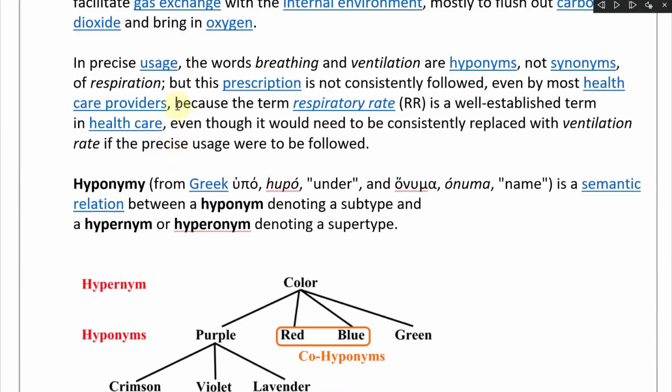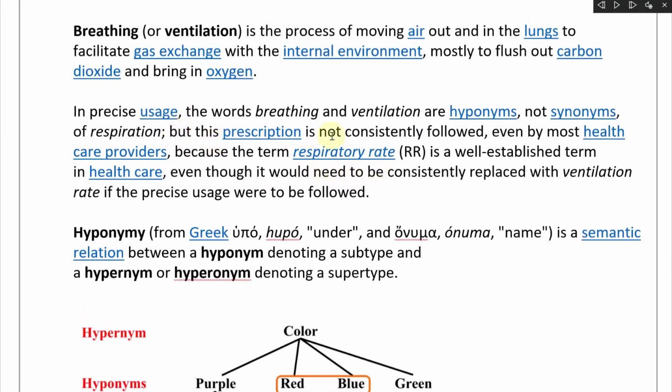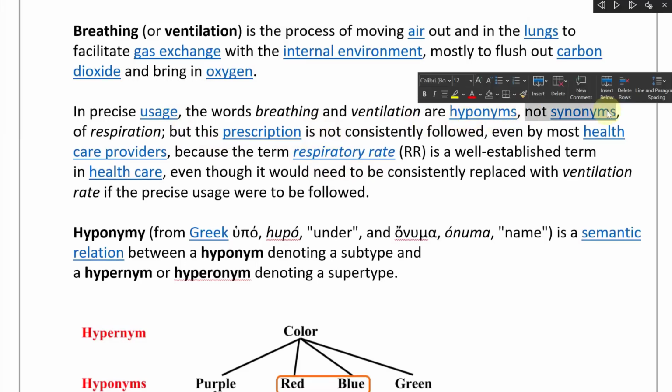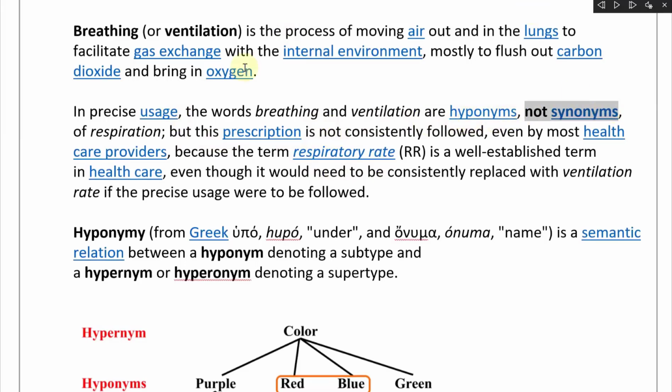Let's continue further. In precise usage, the words breathing and ventilation are hyponyms, not synonyms of respiration. But this prescription is not consistently followed, even by most healthcare providers, because the term respiratory rate, RR, is a well-established term in healthcare, even though it would need to be consistently replaced with ventilation rate if the precise usage were to be followed.